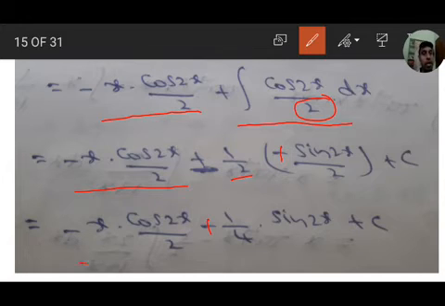Therefore, minus x into cos 2x by 2 plus 1 by 4 into sin 2x plus c.